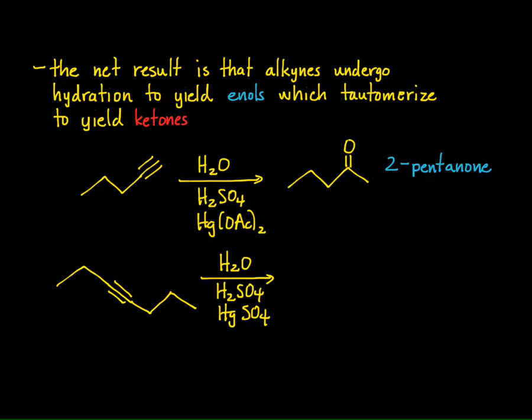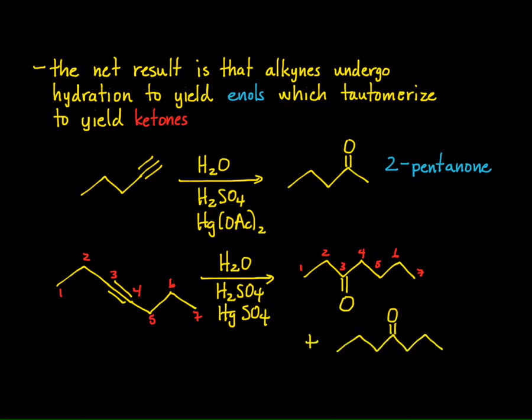So in this, if I use an unsymmetrical alkyne, then I'm simply going to get a mixture of ketones, right? Now, how do you predict where the carbonyl is going to go? Well, if I number my alkyne 1, 2, 3, 4, 5, 6, 7, then I can draw that 7 carbon chain. And I know that the carbonyl can go on the 3 carbon, so there's the carbonyl, or it could go on the 4 carbon.